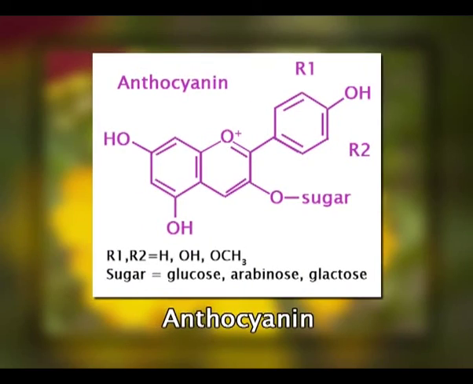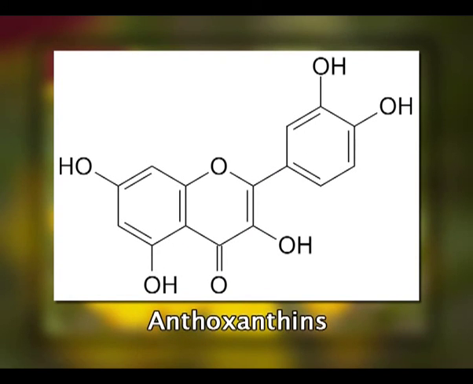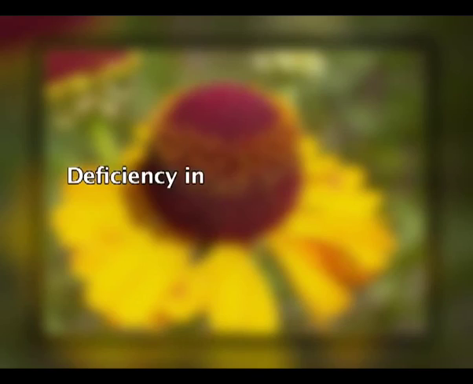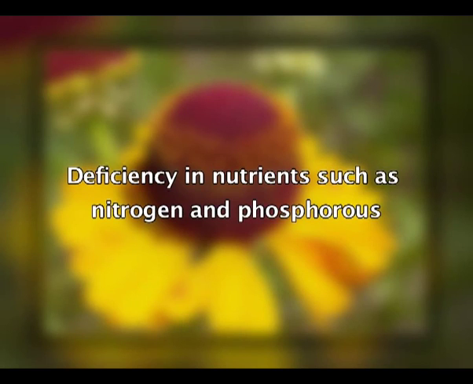The flower pigments, which are usually anthocyanins and anthoxanthins, vary greatly and have been shown to be under genetic control. It is also reported that anthocyanin production increases with the deficiency in nutrients such as nitrogen and phosphorus.